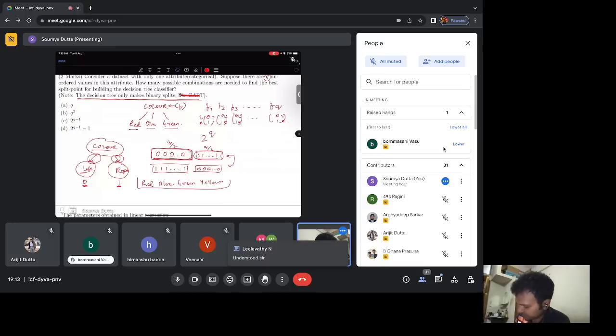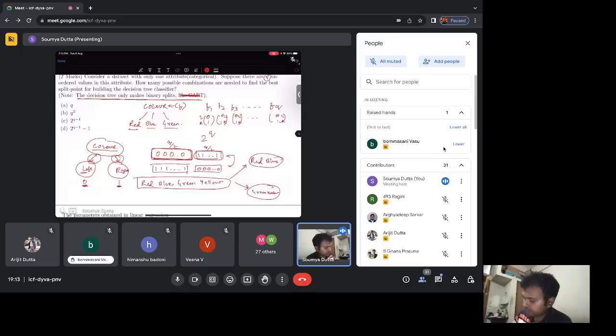One possible split is you put red, blue together and green, yellow together. Now it doesn't matter whether you put this onto the right or to the left. If this is to the right, then this becomes the left, and if this is to the left, this becomes the right. Am I correct?